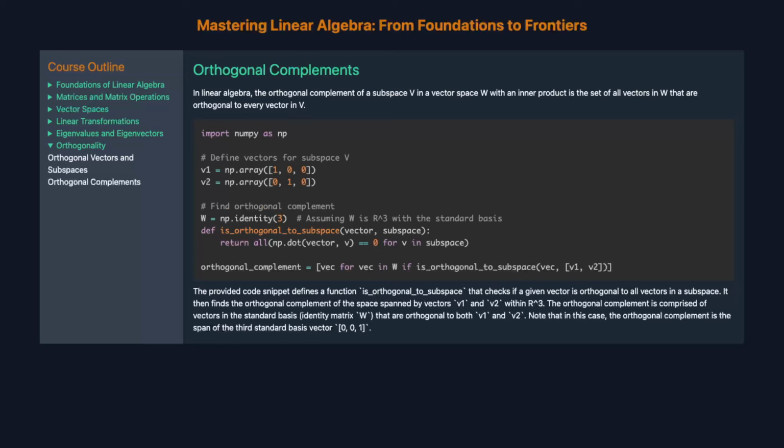It then finds the orthogonal complement of the space spanned by vectors v1 and v2 within R3. The orthogonal complement is comprised of vectors in the standard basis, the identity matrix W, that are orthogonal to both v1 and v2. Note that in this case, the orthogonal complement is the span of the third standard basis vector, 0 0 1.